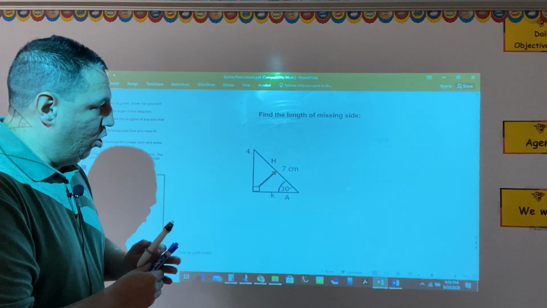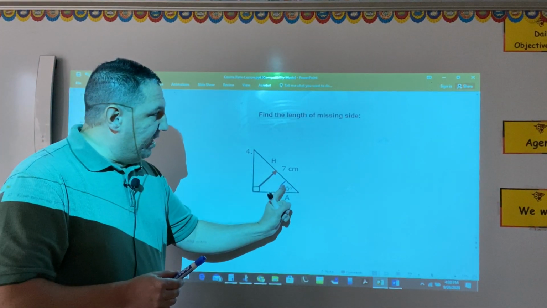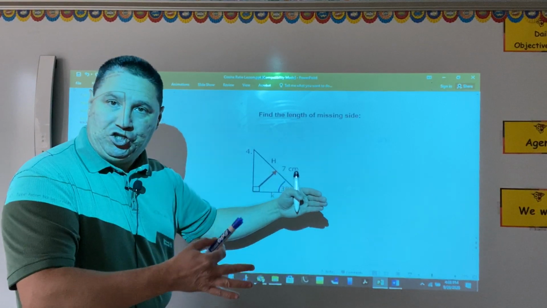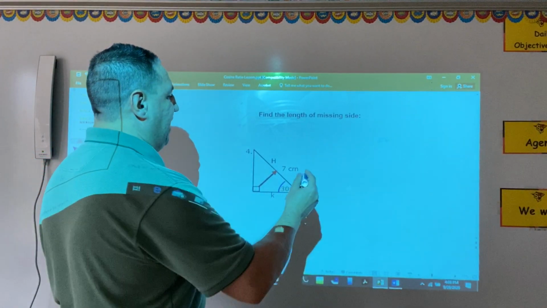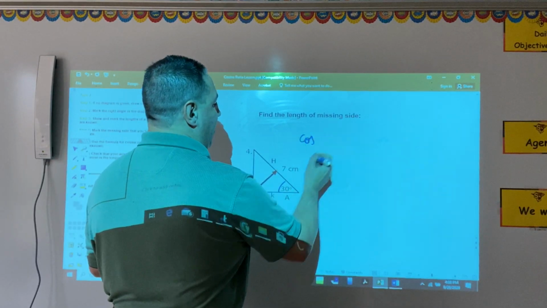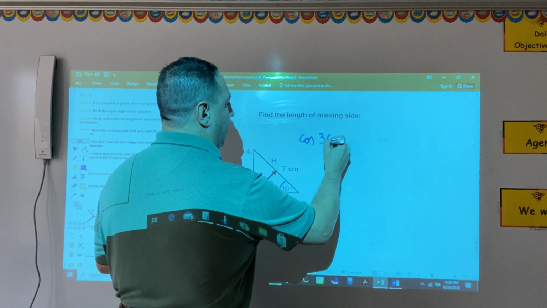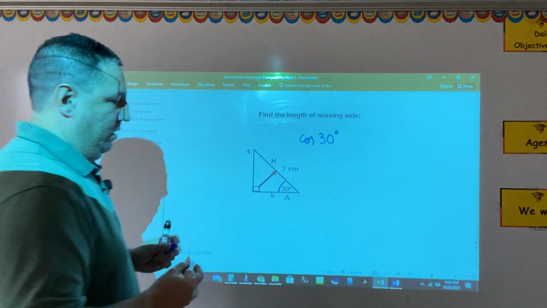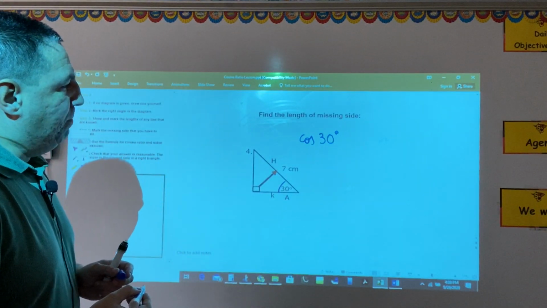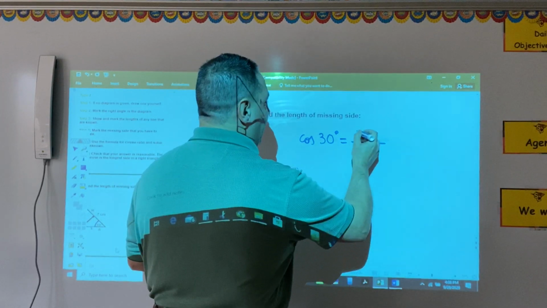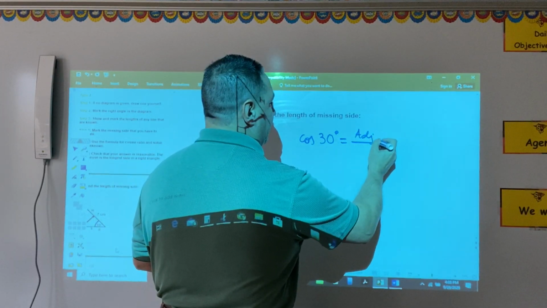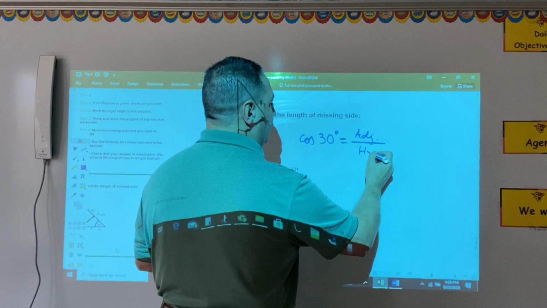Now, we use the cosine ratio to find the missing side. Cosine of angle 30 would be equal, remember, adjacent side over hypotenuse.